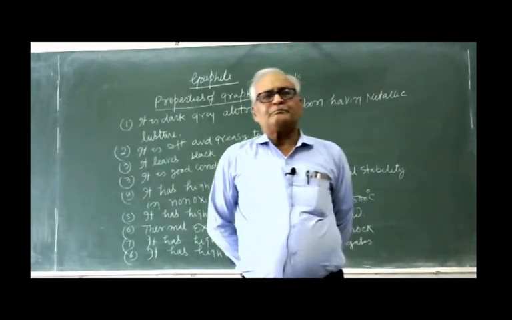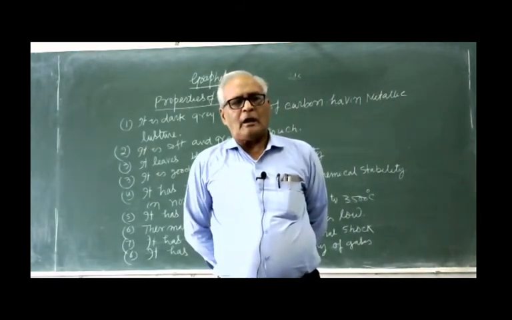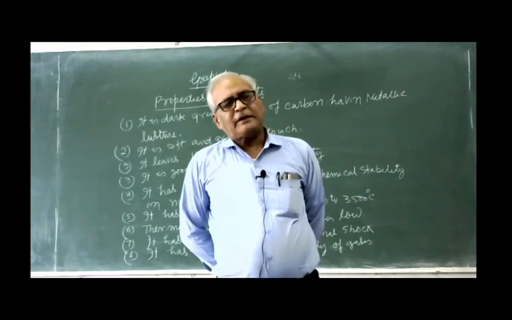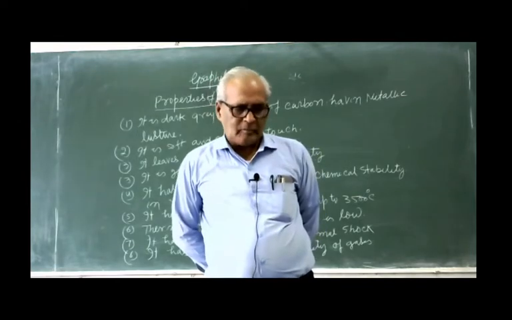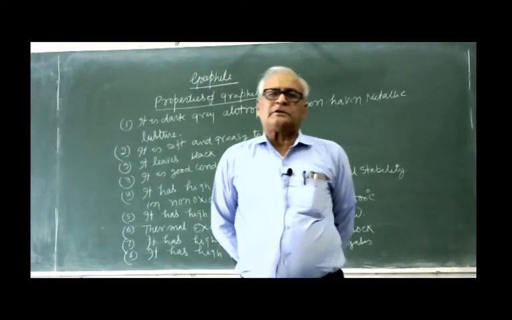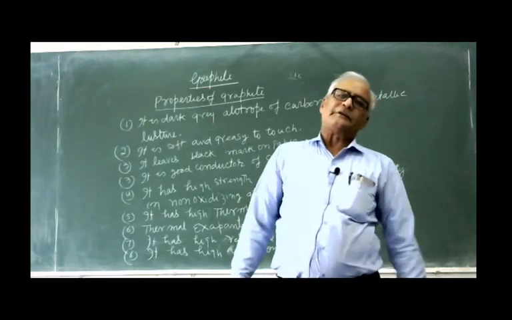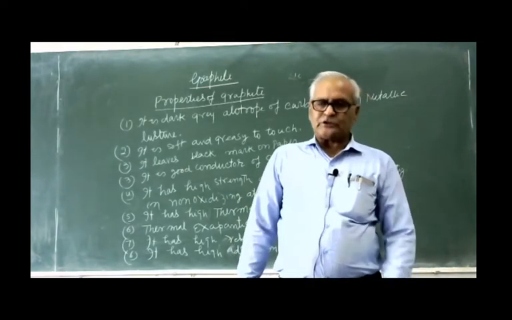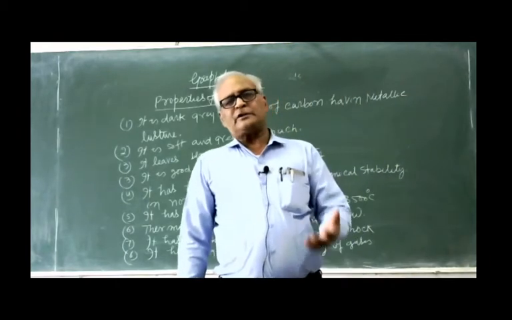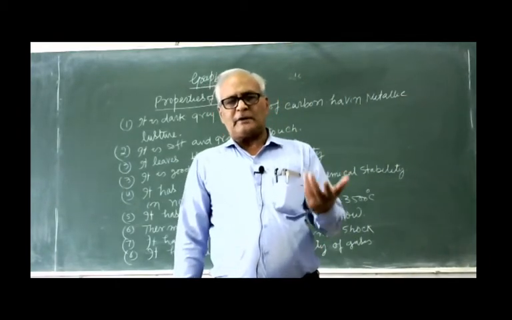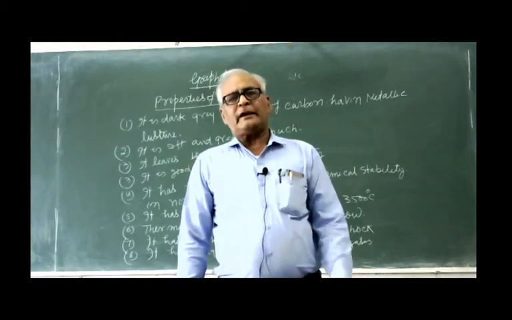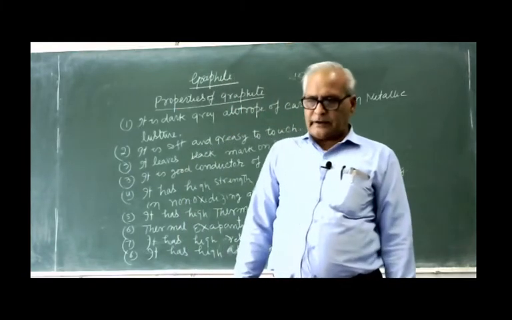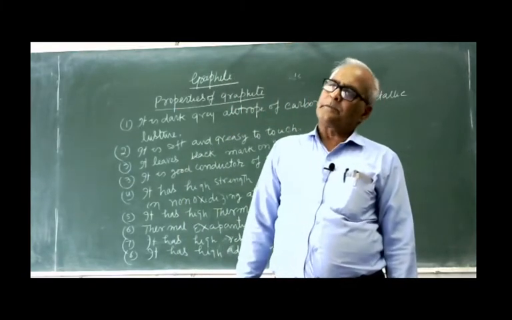Allotrope means same chemical behavior but different physical character. Just you see, diamond is very hard. So what is diamond? Diamond is tetrahedral arrangement of the carbon.